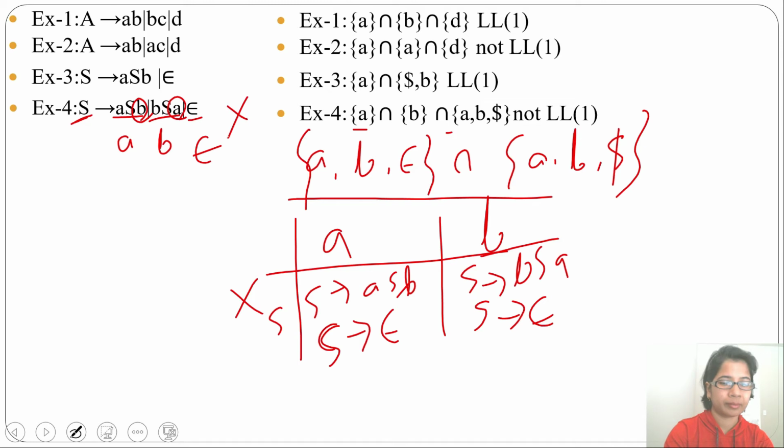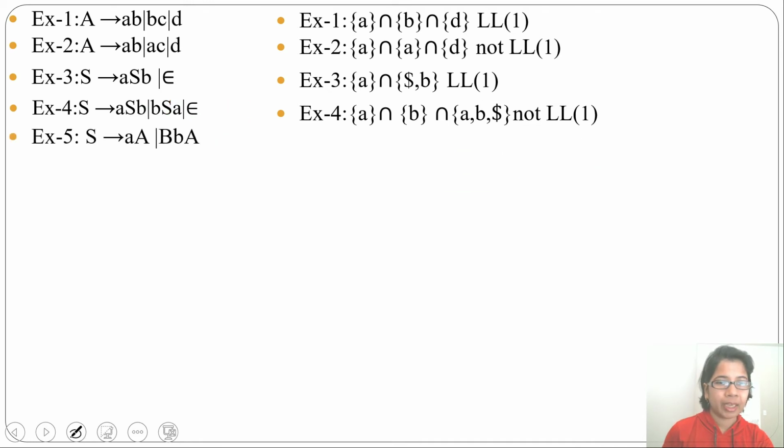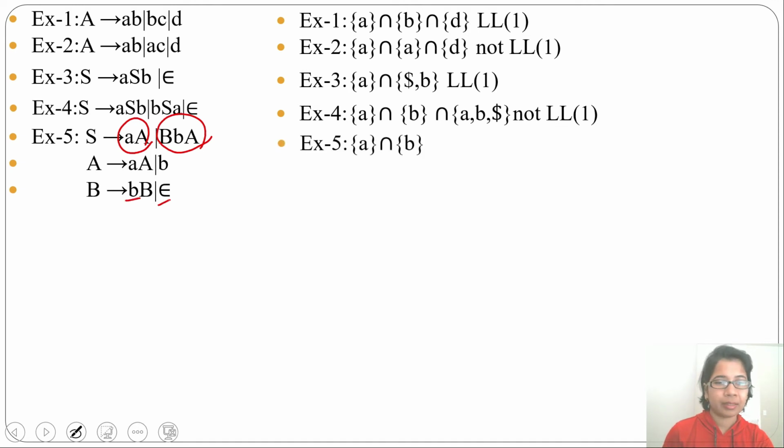Next example, S derives AA or BBA, then A derives AA or B, then B derives BB or epsilon. Now what is first of this? First of this will be A, and first of this will be B or epsilon. There is nothing common.